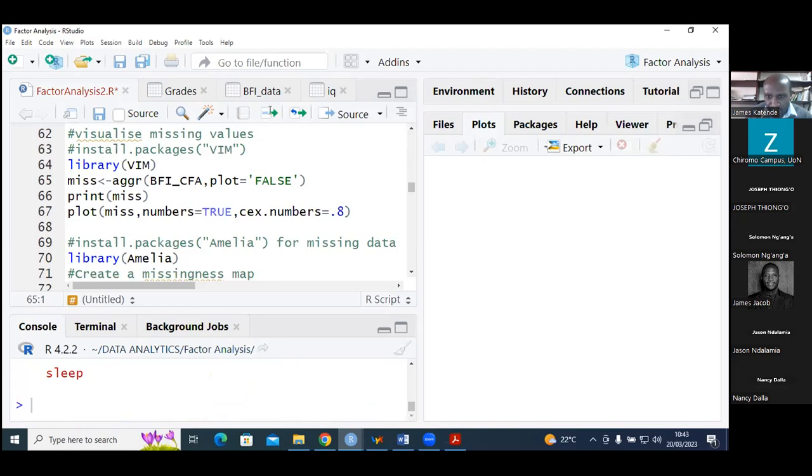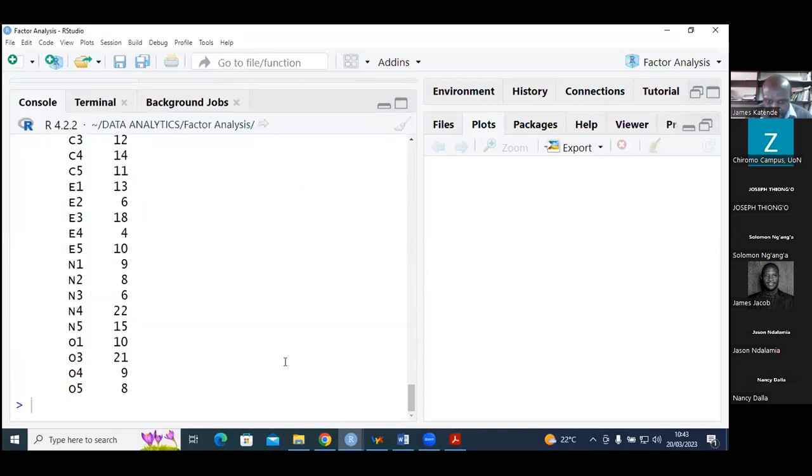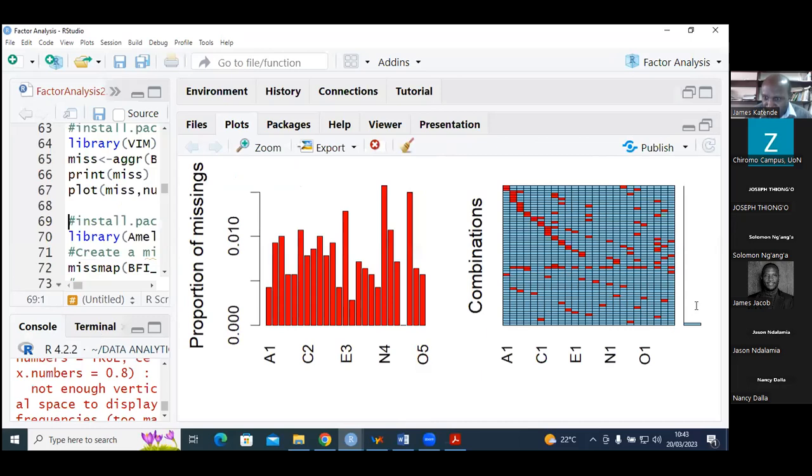So this sort of gives you an idea of how spread out the proportions of missing data are in each variable. I think the variables are too many to list here at the bottom, so it only picks a few to label the axes. Also, there are too many cases to label the lines on this side.